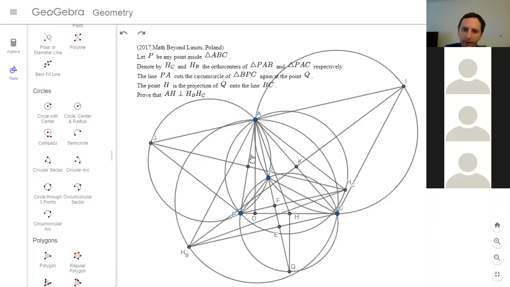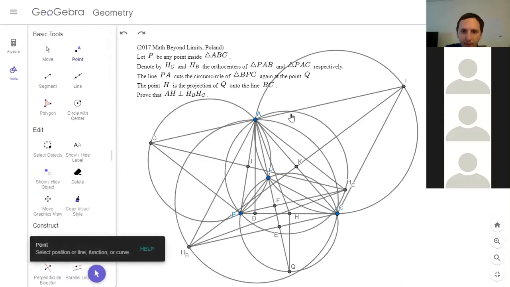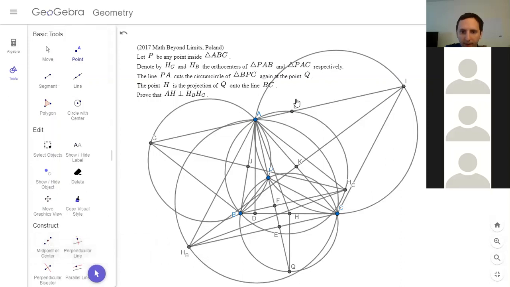So yeah, we have a right angle here. Actually it might help if I draw this point, then it's collinear with H and Q, right?